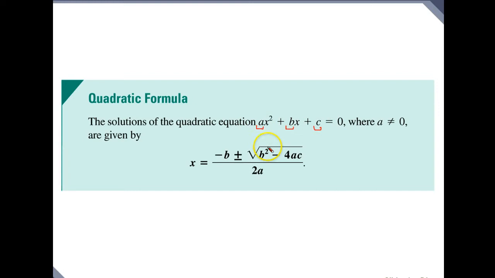Put that value of a there and there, the value of b there and there, and the value of c right there. I can grind it out and end up with my solutions. If something doesn't factor, this is a multi-purpose way of solving these equations.